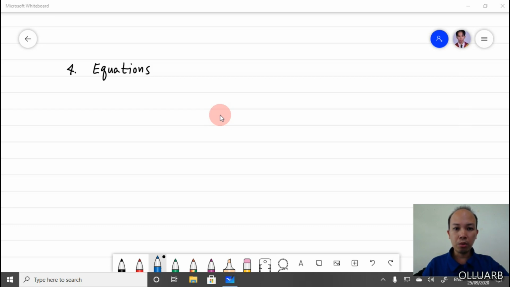It's really hard for the student to comprehend when you are trying to describe relations or functions using equations.